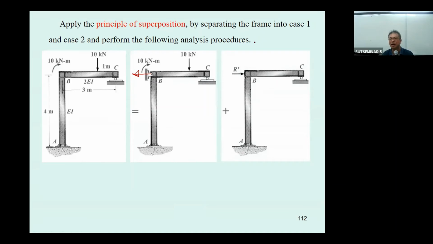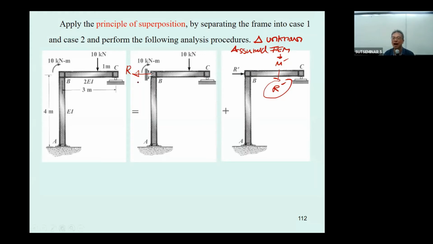However, since delta is unknown, you cannot determine the fixed end moment directly. You have to assume the fixed end moment. When you assume the fixed end moment, you will determine the M prime, and then you will determine the R prime. This is not the same as R here.